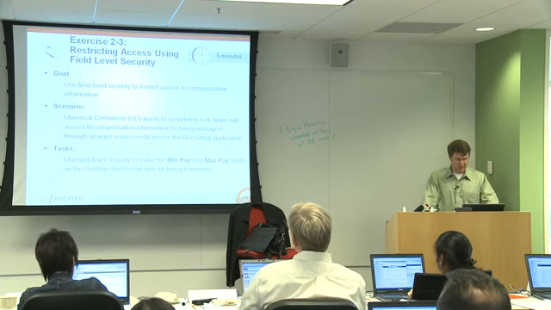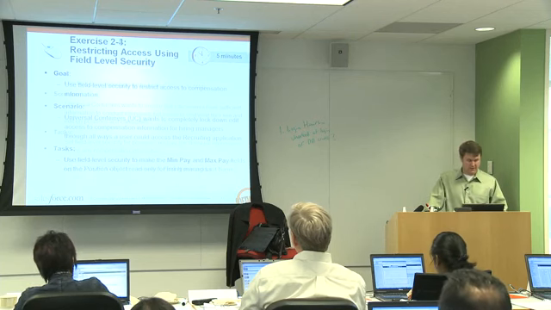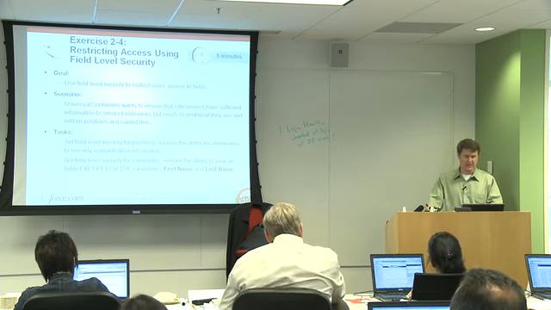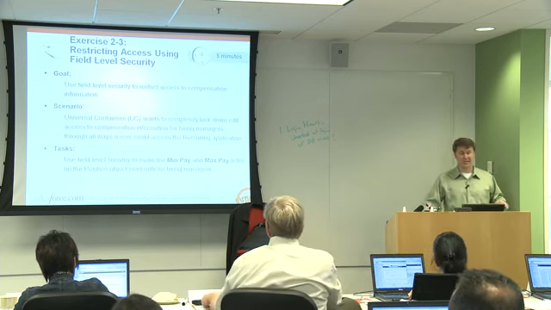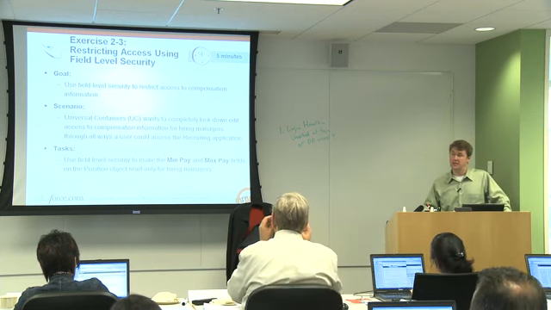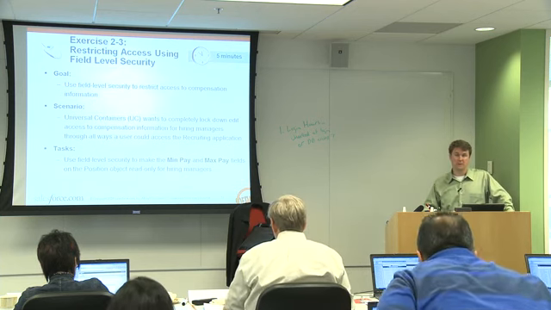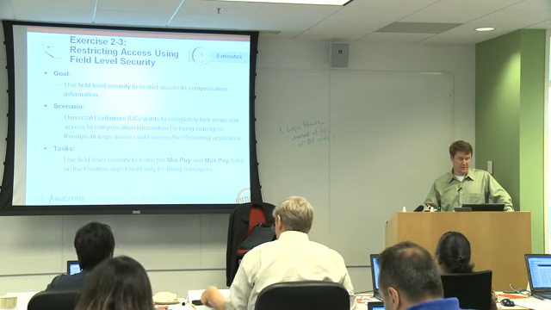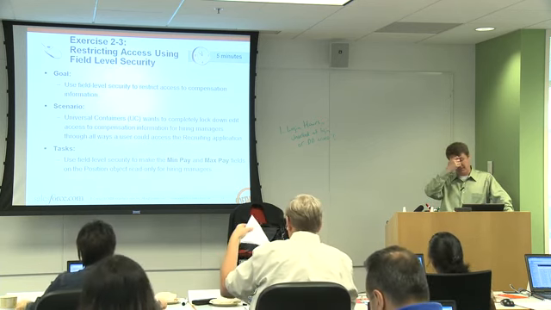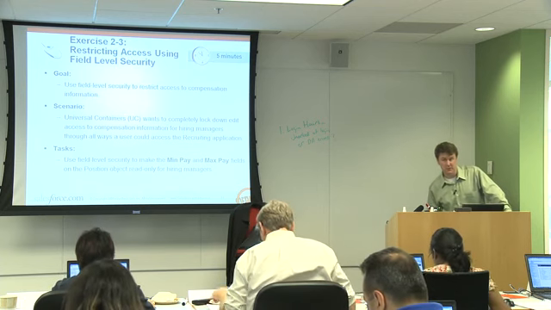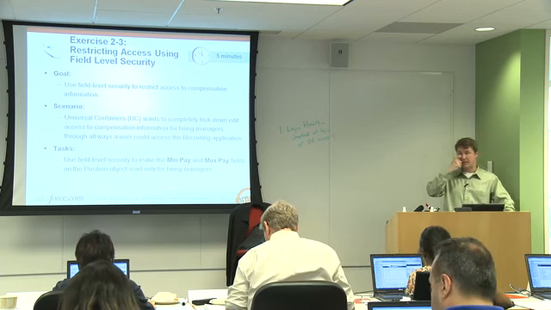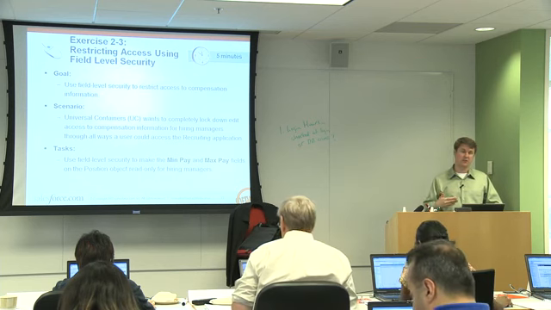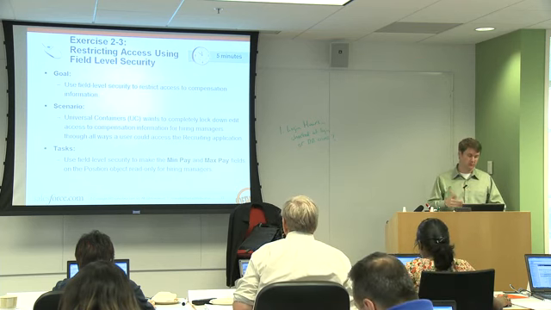All right, so let's see here. We've got labs 2-3 and 2-4. We're going to set up some field level security. So why don't we jump into that right now and work on those labs, and then we'll continue along. Let's work on lab 2-3. What you're going to do is protect some information on the position, making min and max pay associated with a position not viewable to certain people.